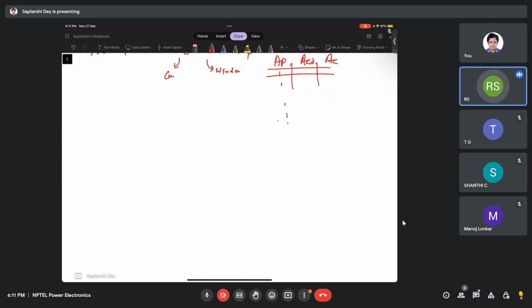And once you turn off the switch, the voltage across the inductor will reverse, which will forward bias the diode in the secondary, which is the reason for the energy transfer from primary to secondary. Sir, once we turn off the switch, the flux in the core actually reduces to zero.